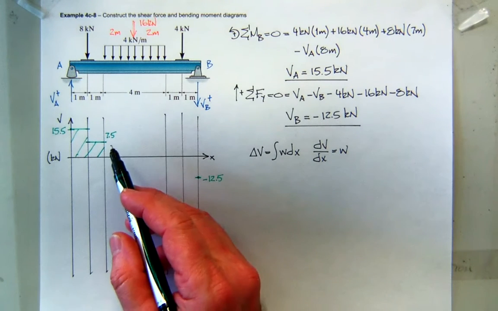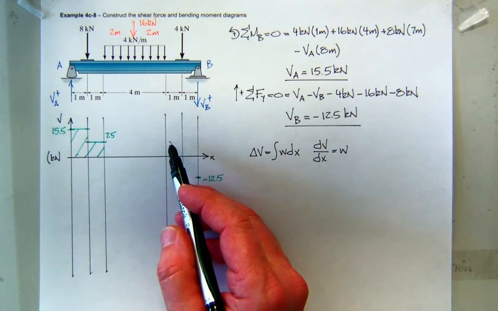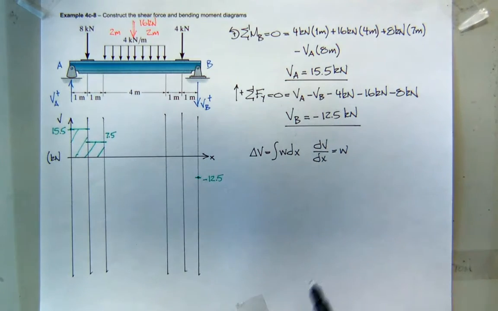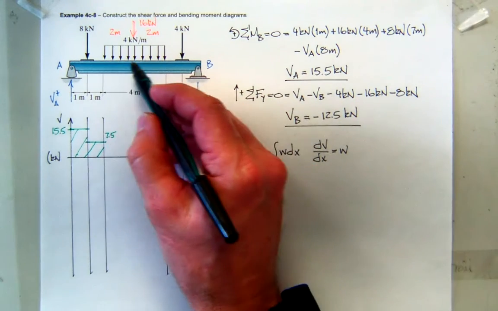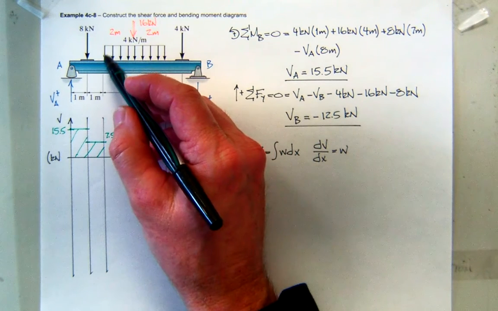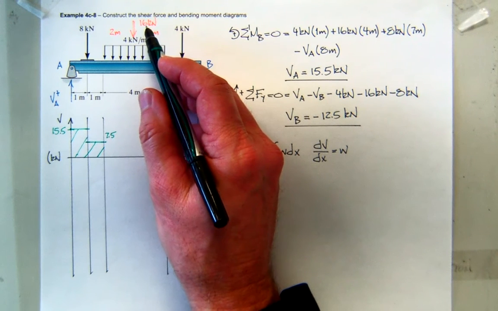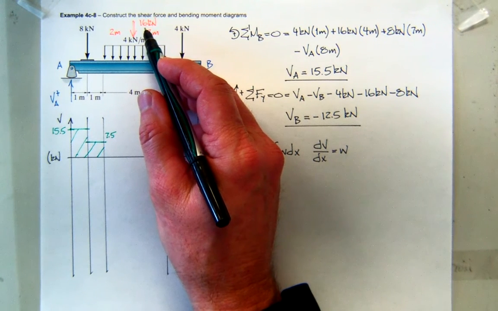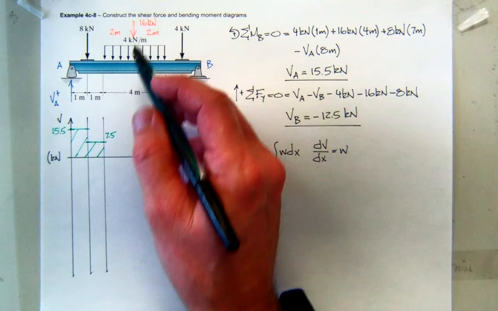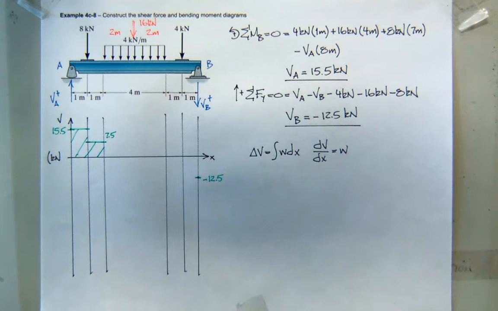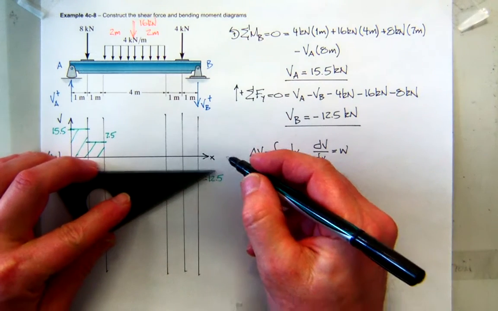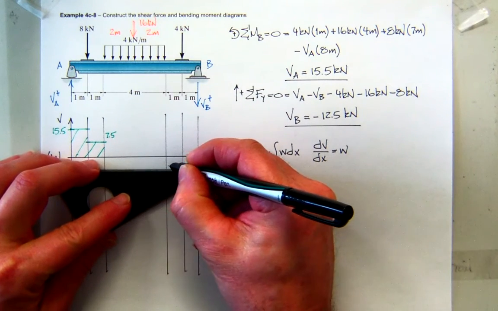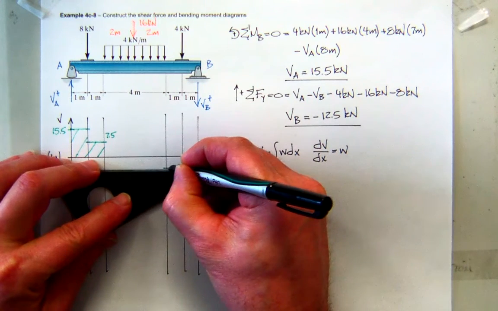Now what's going to happen between 2 meters and 6 meters? The change in shear there is the area of this part of the load curve, which is a rectangle, distributed load, and we already know that that's 16. That's minus 16, right? It's negative load. So what's 7.5 minus 16? Negative 8.5. This is not, unfortunately, going to be a very good scale.